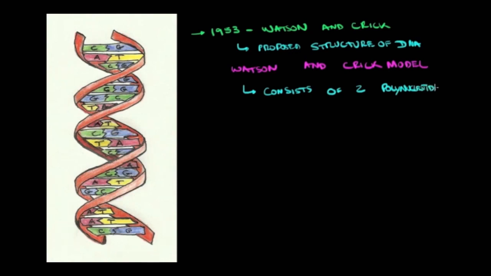The model explains that the DNA molecule consists of two polynucleotide strands, meaning several nucleotides, and the two strands are coiled around each other in a helical twisted ladder. That's the key thing here.